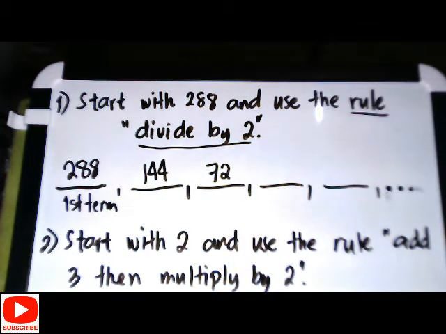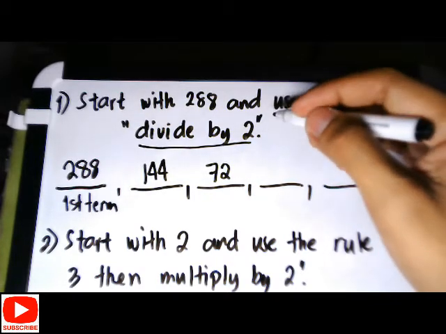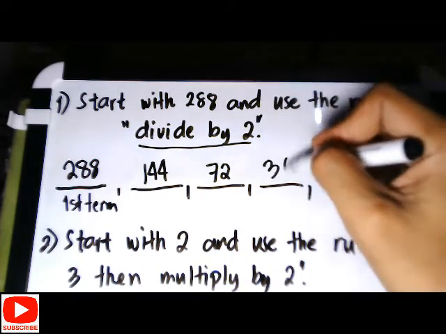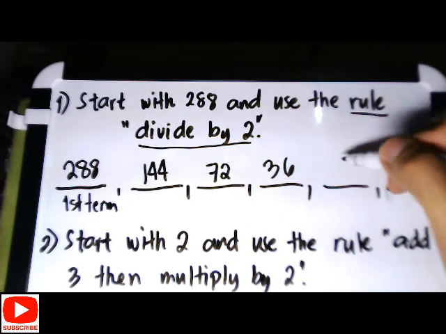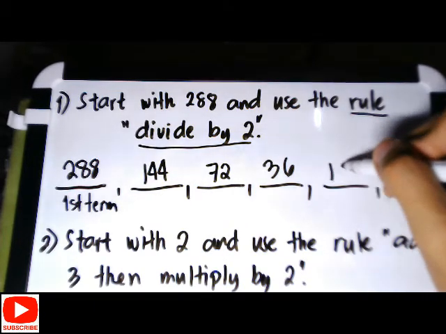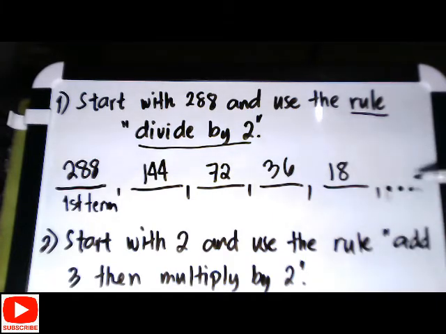Next, 72 divided by 2, that is 36. 36 divided by 2, that is 18. 18 divided by 2, that is 9, and so on and so forth. We keep on dividing by 2. Okay? So this sequence is an infinite sequence because of the ellipses.